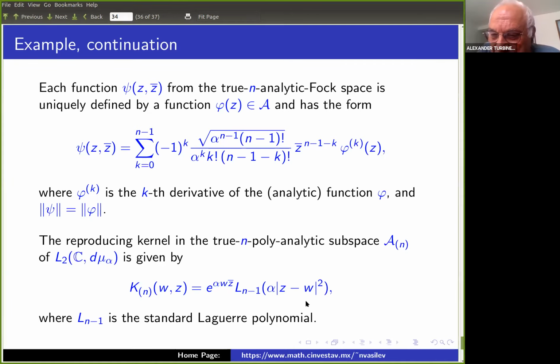Infinite dimensional representations are not a very well developed subject. And with Nikolai, we presented an example for SL2, a particular theory of infinite dimensional representations.